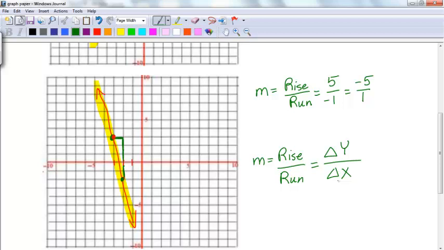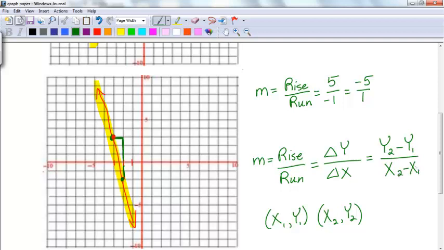We also defined it in algebra: if I give you two ordered pairs, x sub 1, y sub 1, and x sub 2, y sub 2, you should know the formula for slope is the difference in the y's, y sub 2 minus y sub 1, over x sub 2 minus x sub 1. Am I right? You've seen that formula before from Algebra 1?